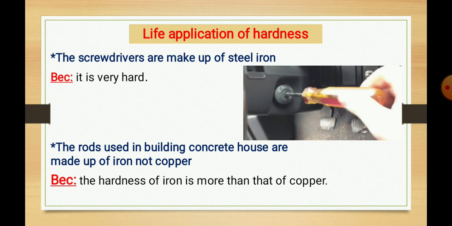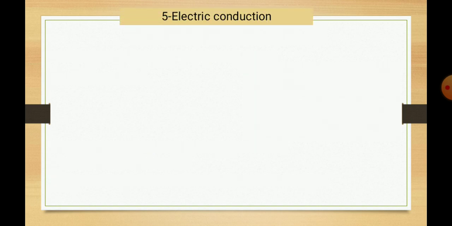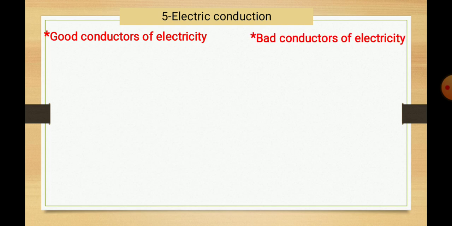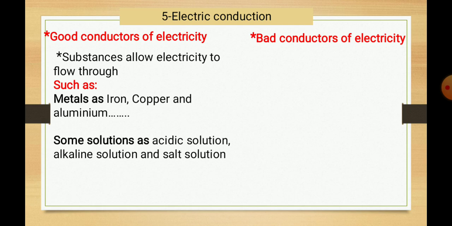Okay, and number six, electric conduction. Substances can be classified according to electric conduction into two categories: number one, good conductors of electricity, and number two, bad conductors of electricity. First, good conductors of electricity.